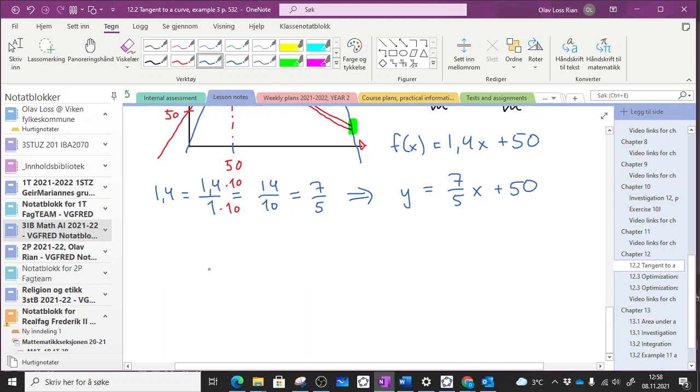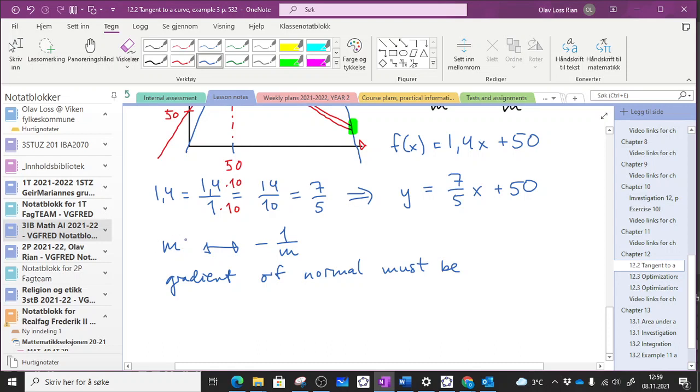Now, since the gradients of a line and its normal have the relation, m, this is the gradient of one, and the other one has the gradient of minus 1 divided by m, the gradient of the normal must be, and I mean, we could have a look at what we do with the gradient.